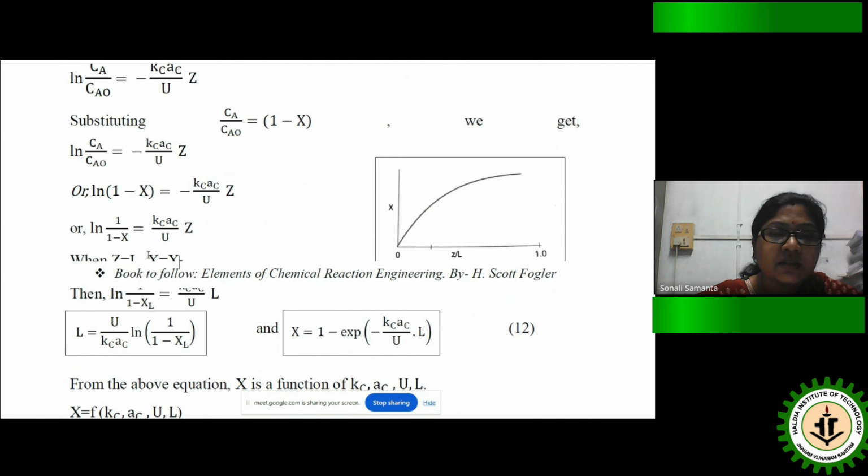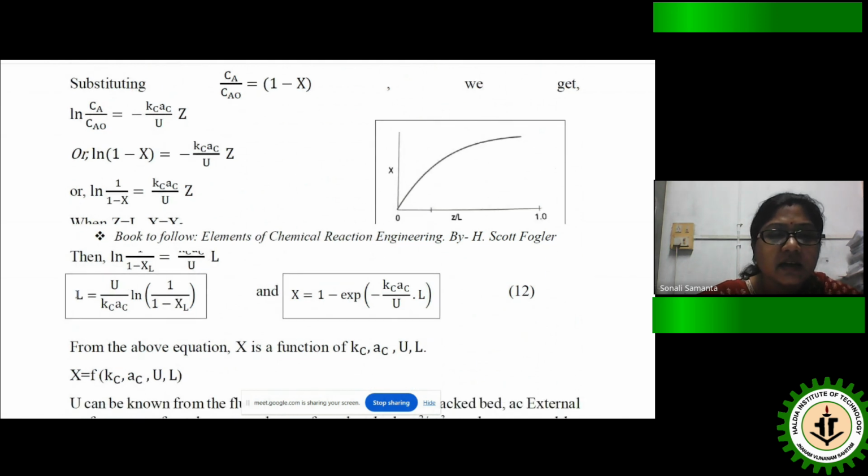If you put this in the equation, it becomes ln of 1 by 1 minus XL equals Kc ac by U into L. This equation just substitutes X with XL and Z with L. From this equation you can get L equals U divided by Kc ac times ln of 1 by 1 minus XL.